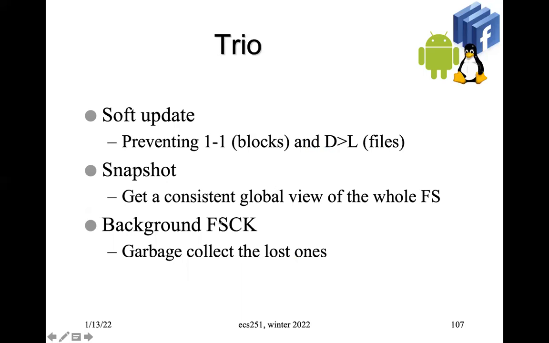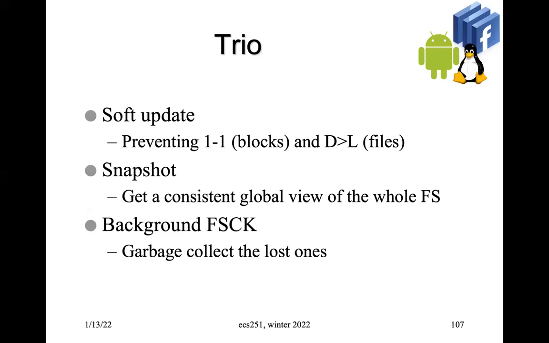So this is the trio. Let me put these three things together. The first thing we learned on Tuesday is snapshot: how do you just pick it up very quickly? The second thing is what we call background FSCK. Remember I said that a foreground FSCK means we're going to wait for a long time.